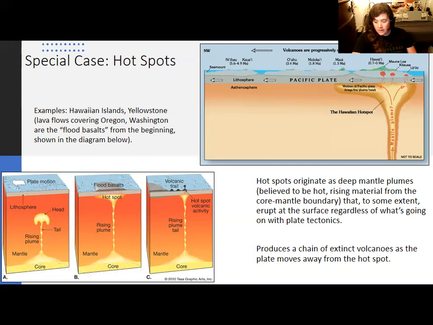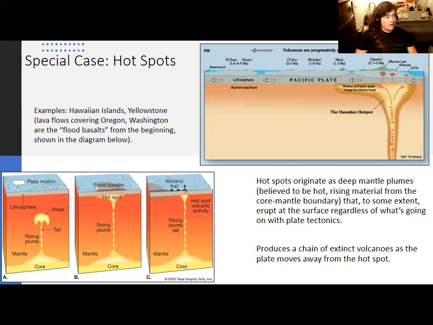And so we have this also in Yellowstone because the Yellowstone hotspot is currently located below Yellowstone National Park, but the North American Plate has moved, and at one point the hotspot was actually below what is now Oregon and Washington.